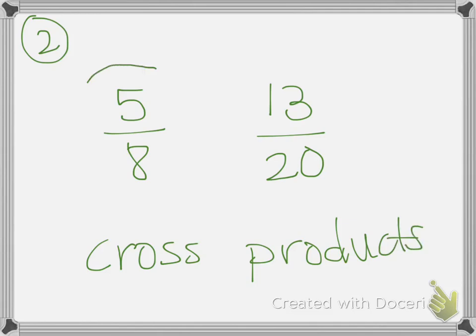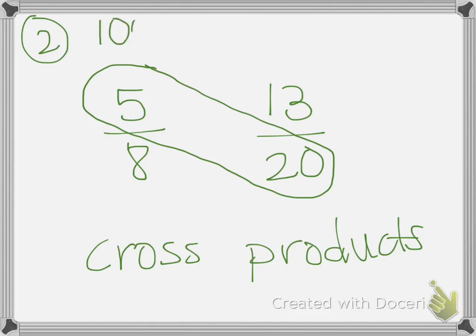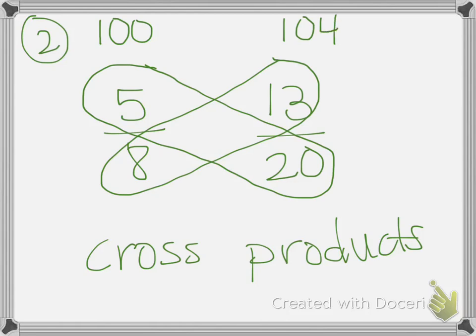I'm going to start up here, and we're going to do 5 times 20. The answer to that is 100, and again it goes above the top number. And then 8 times 13 equals 104. And again, it goes above the top number. So then I look at my products. Whichever one is larger means that fraction is larger. So this would be 5/8 is less than 13/20.